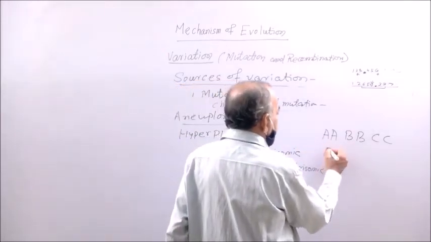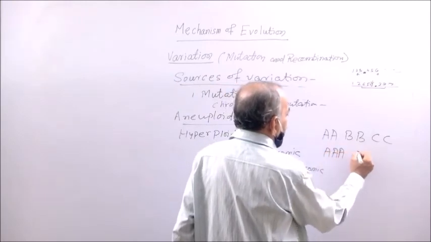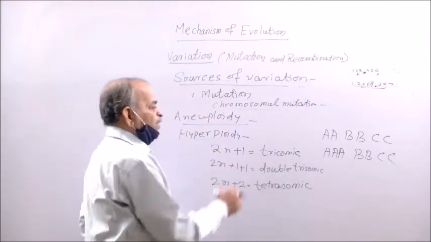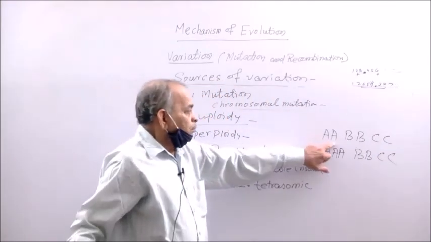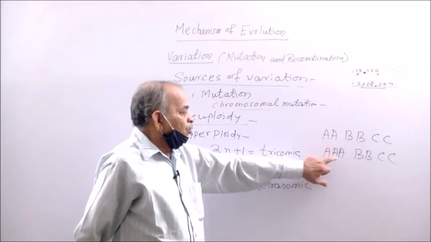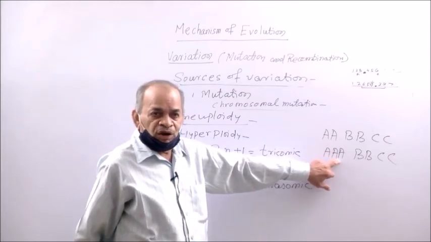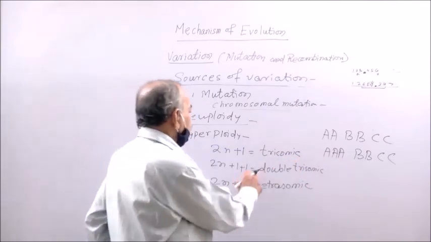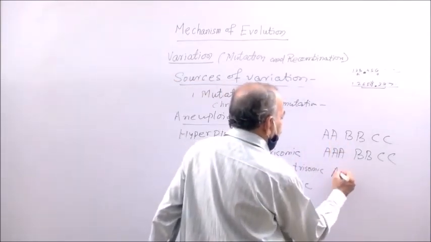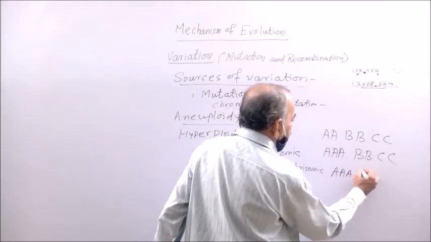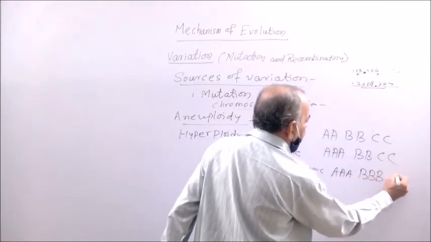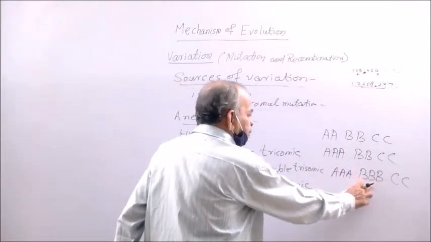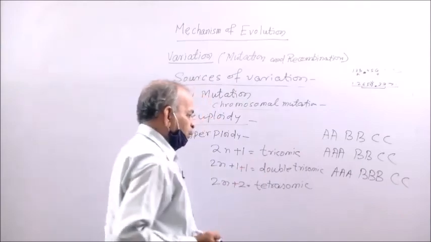So if it becomes AAA, then BB CC, it is called trisomic, because instead of one pair, 3 chromosomes are present, same chromosomes, the number is 3. Then double trisomic means A in triplicate, B in triplicate, C. So here plus 1, here plus 1, so double trisomic.